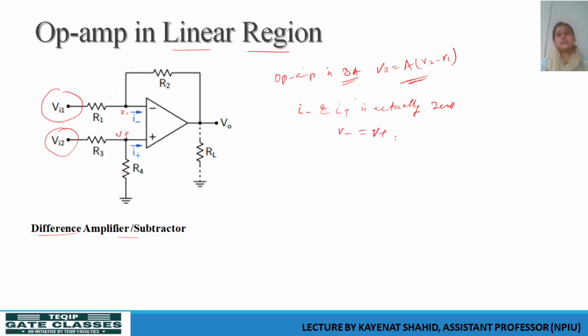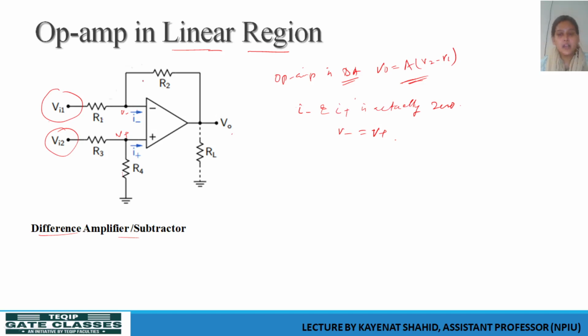Either we can solve this equation with a lot of complexity, like solving for the current here and then finding the relation between this equation and this equation, or we can say that because this operational amplifier is a linear device, we can use superposition.